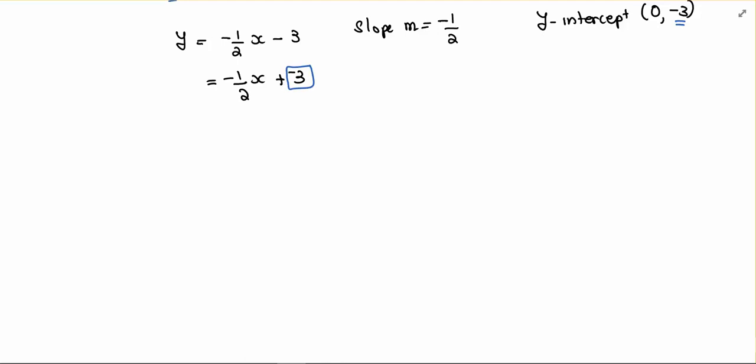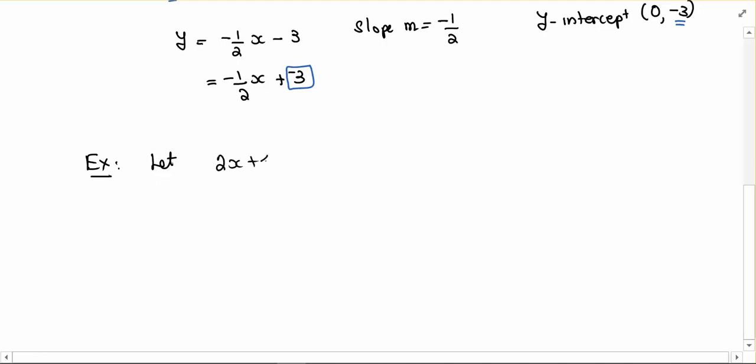So here is another example. Example 1. Let me start by giving you the equation: 2x plus 4y minus 8 equals 0. 1. Write in standard form.